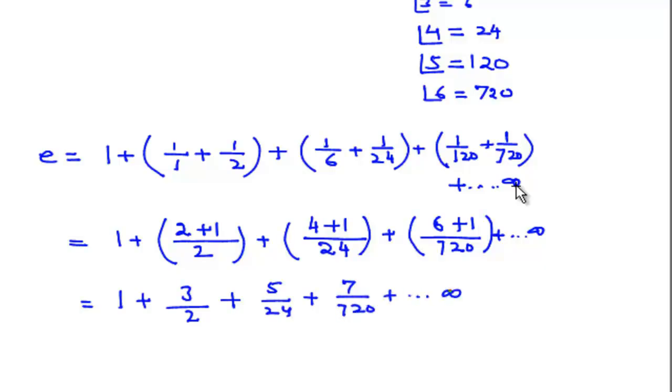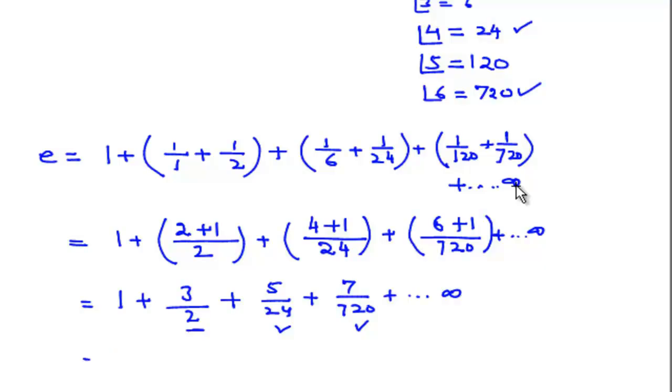Now again I see that this 2 can be written as factorial 2. This 24 can be written as factorial 4. 720 can be written as factorial 6.